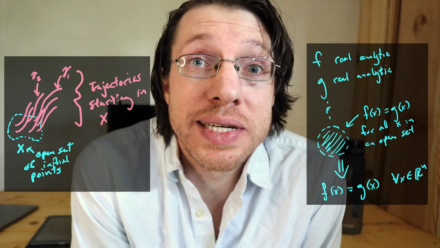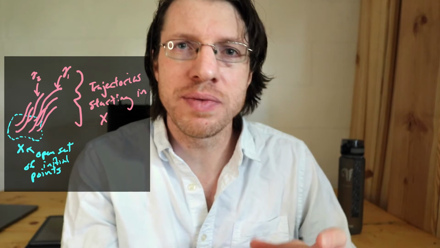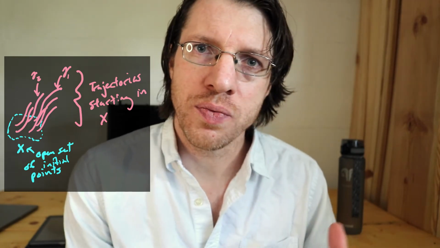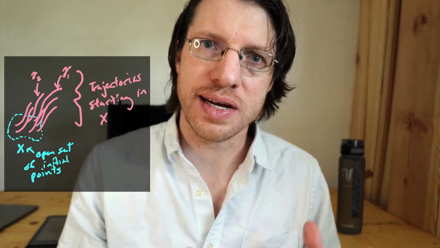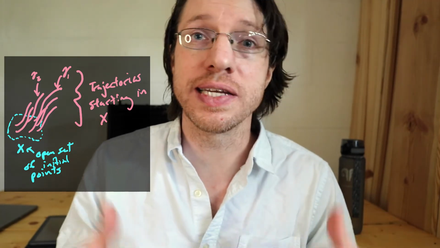And so what we can do is we can take an open set of initial points for our dynamical system. It could just be some neighborhood of the initial set that we started with. And then we take a look at all of the trajectories that come out of that initial set, and then we take a look at the inner product that arises from each one of these trajectories.